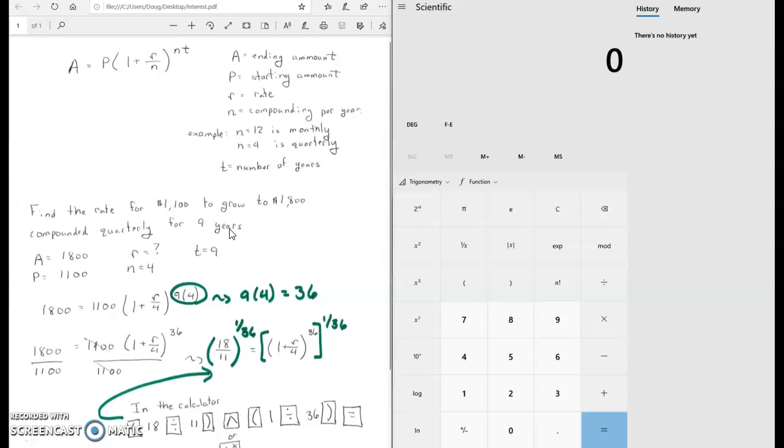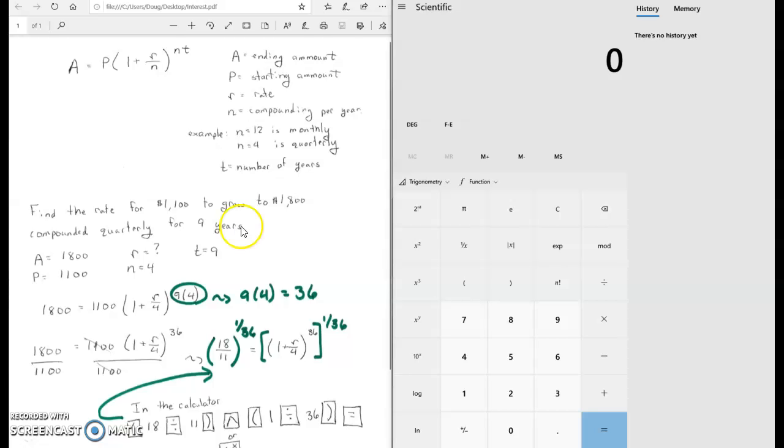So A is what we want to end up with, so A is going to be $1,800. P is what we start with, that's your principal, so that's going to be your $1,100. We're doing it 4 times a year, so N would be 4. We're doing it for 9 years, so T is 9.